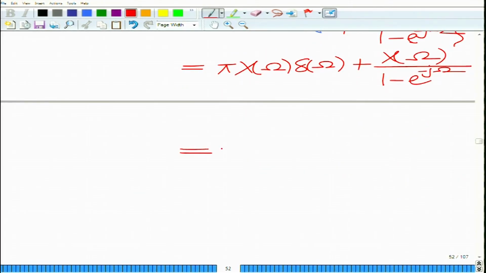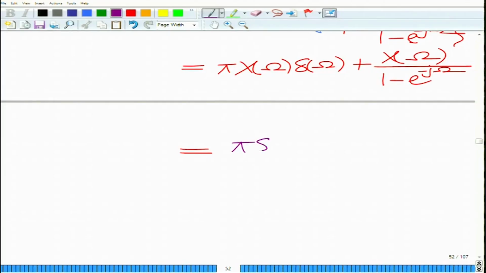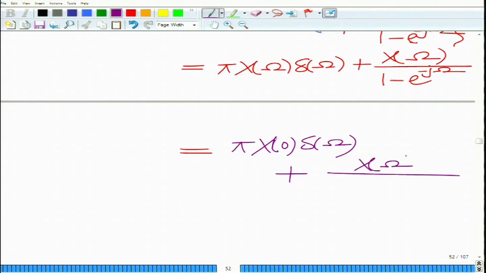And now you can see that X of omega into delta of omega is nothing but X of 0 into delta of omega, from the properties of the discrete time impulse function. So, this is pi times X of 0 delta omega plus X of omega over 1 minus e raised to minus j omega, alright.